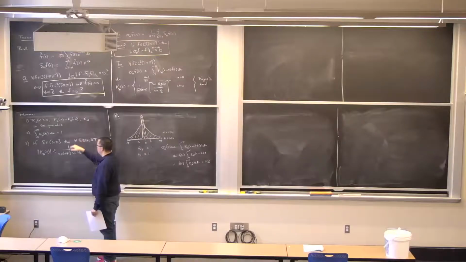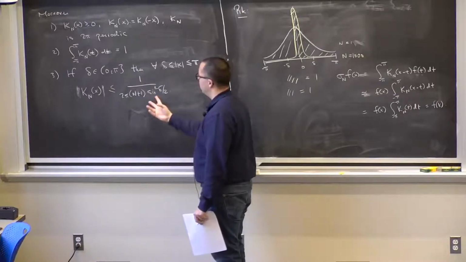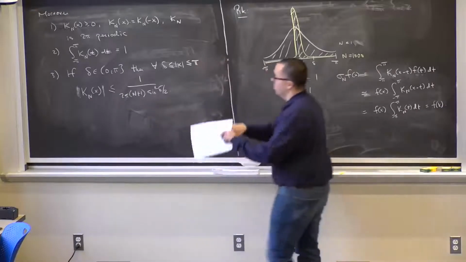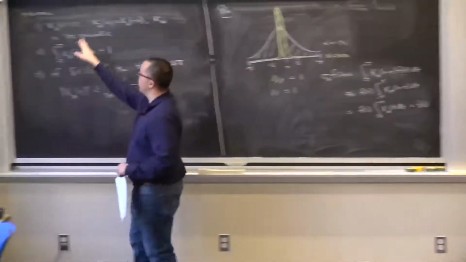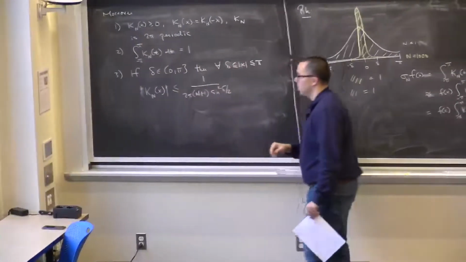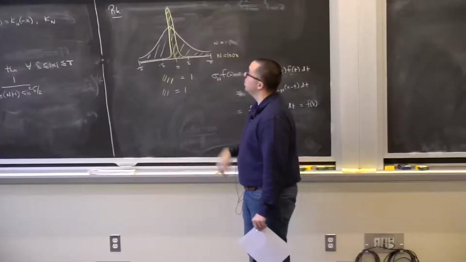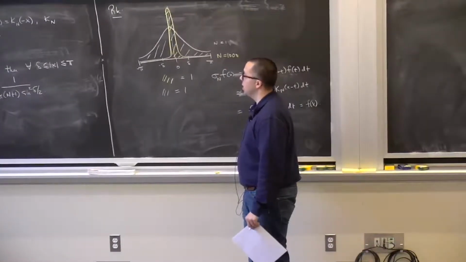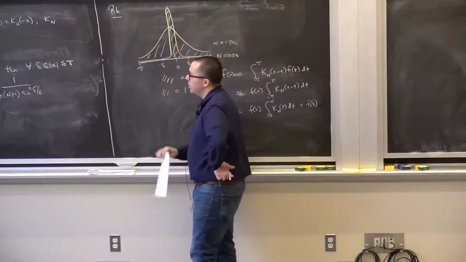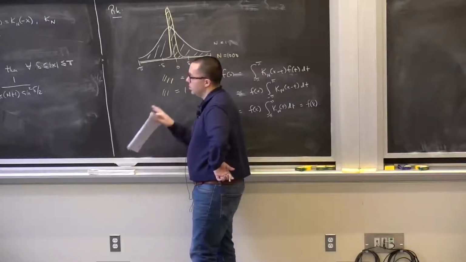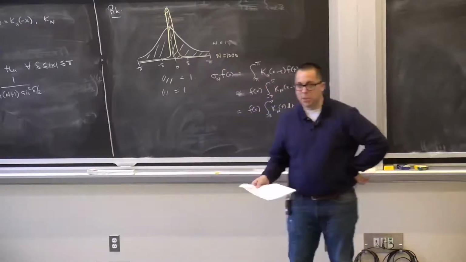The integral was 1, and it did kind of decay away from 0. However, it's not non-negative. I'm talking about the Dirichlet kernel Dn, which, if you look back in your notes, was like sine of n plus a half times x over sine x over 2, with a constant out in front. And that little difference, the fact that this kernel is non-negative and the Dirichlet kernel is not, makes kind of a big difference.